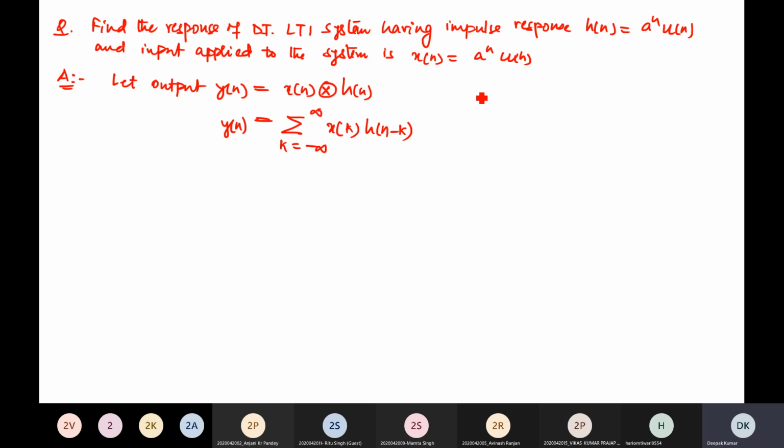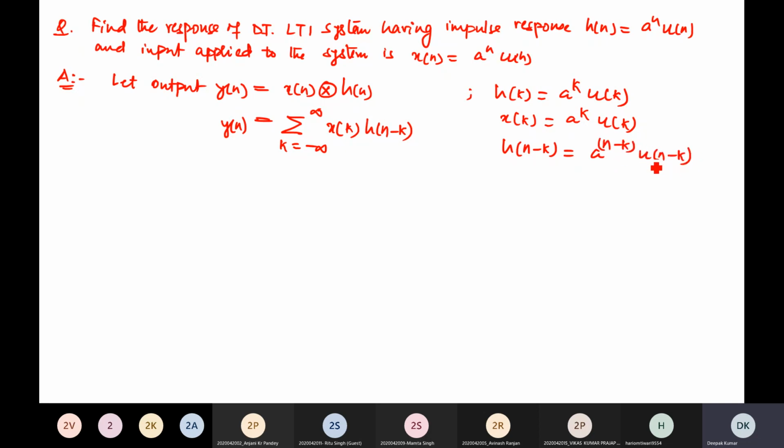Now here in this case h of k will be a to the power k u of k, and x of k will become a to the power k u of k. Similarly, you have to do h of n minus k, so h of n minus k will become a to the power n minus k u of n minus k. These two terms you have to put in the given formula.